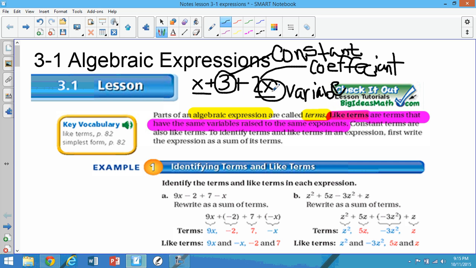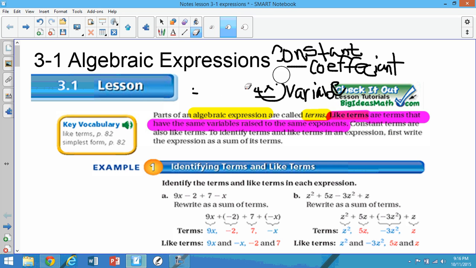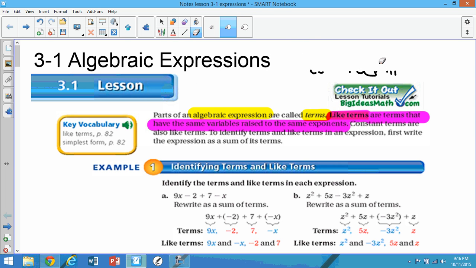Okay, so you have a variable, which is your letter, the coefficient, which is a number that is right up tight to a letter. And when you have a number right up tight to a letter, that means multiply. And then you have the constant, which is just any old number. If I have an expression with like terms, when you're adding or subtracting, you can combine those like terms and add or subtract them together.